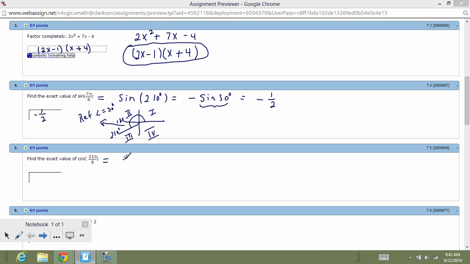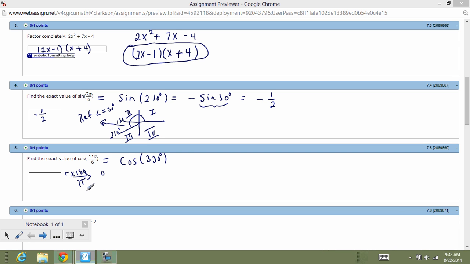Cosine 11 pi over 6, we do this in a similar way. I'll convert it to a degree measure, and 11 pi over 6 corresponds to 330 degrees. Okay. By the way, that conversion to go from radians to degrees, we multiply by 180. You multiply the argument, in this case 11 pi over 6, by 180, and you divide by pi.